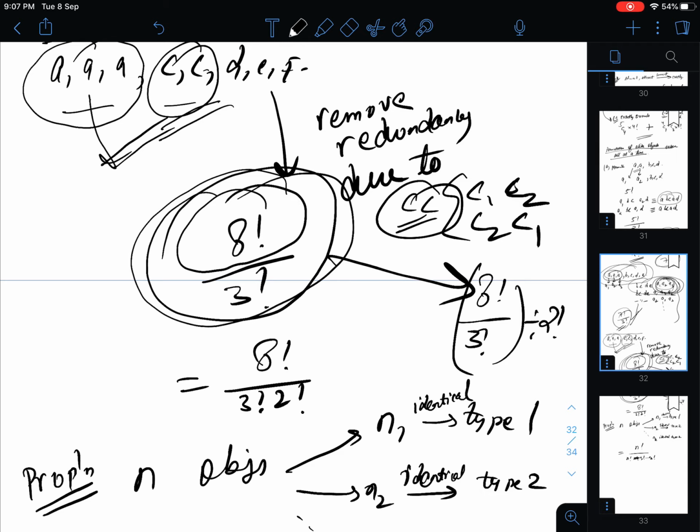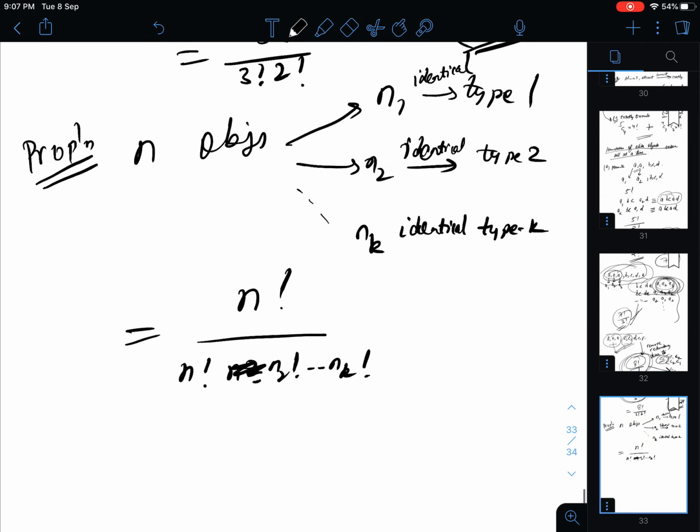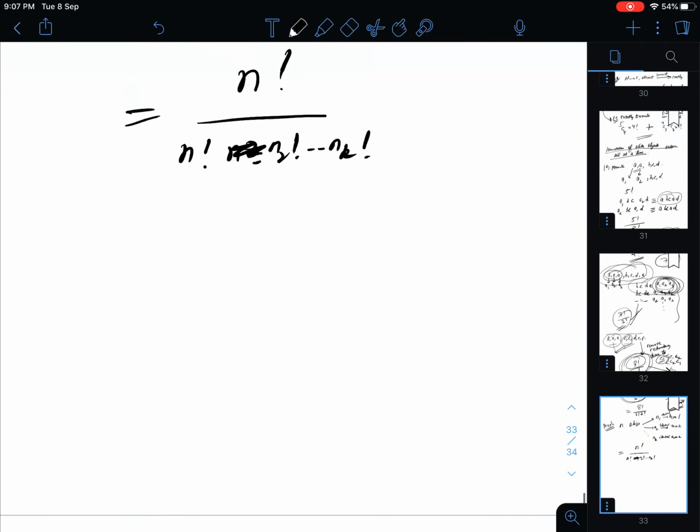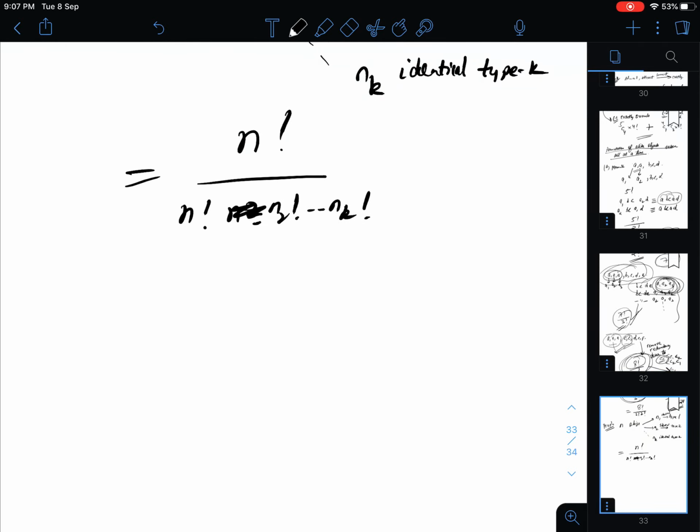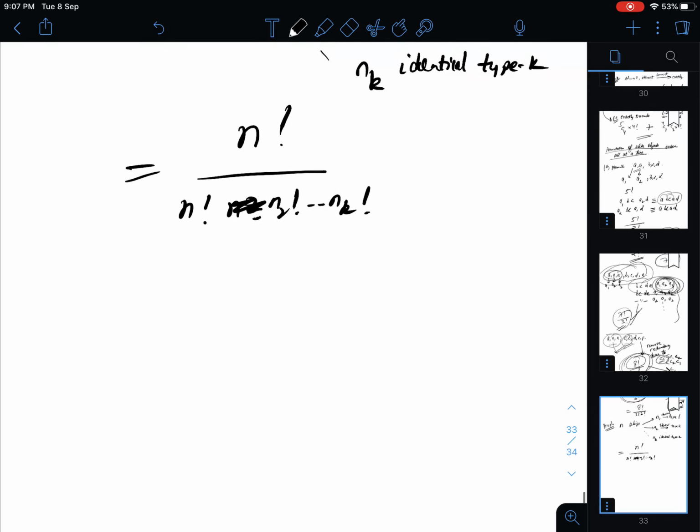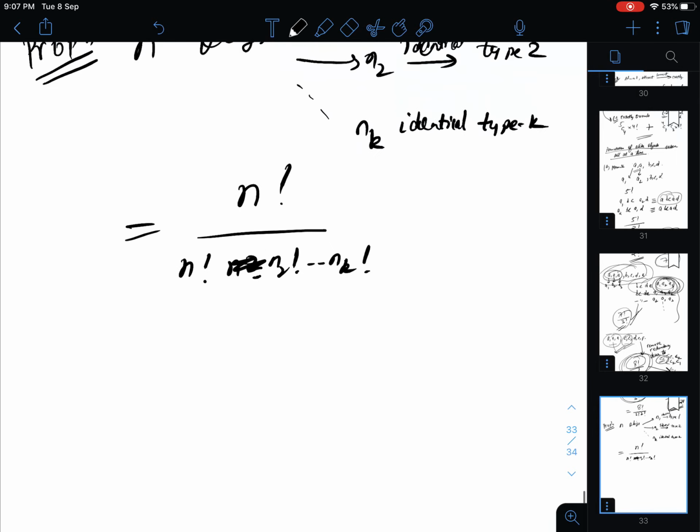So we further divide by 2 factorial. Quite a simple logic. If you are having trouble understanding this concept, I would suggest that you go through the relevant portion of the video again and think about whether what I said actually makes sense or not.